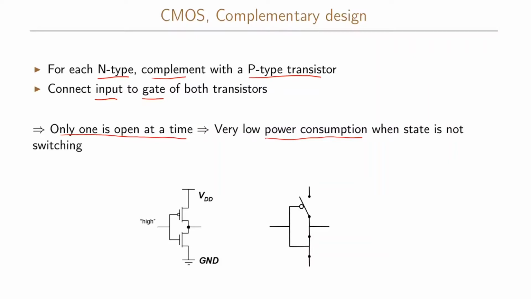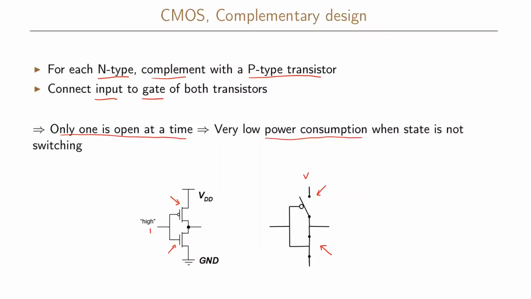We can see this when we model our transistors as switches. So in this example here, we have a P-type transistor here, and we have an N-type transistor here. Now assume that the input to this is high, that is, we have a 1. If we now model this as a switch, the P-type transistor will be modeled as an open switch, and the N-type transistor will be modeled as a closed switch.